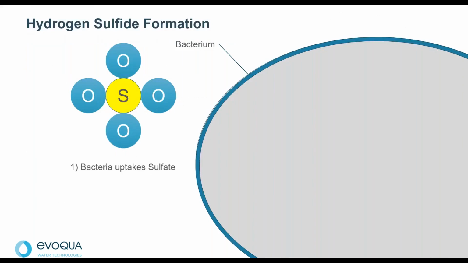So I'm just going to run through a really quick simplified animation of what we just covered. What you see now is the bacteria that is located in the slime layer on the surface of the pipe wall. So the sulfate, which consists of 1 sulfur atom and 4 oxygen atoms, exists dissolved in the wastewater and is consumed by bacteria.